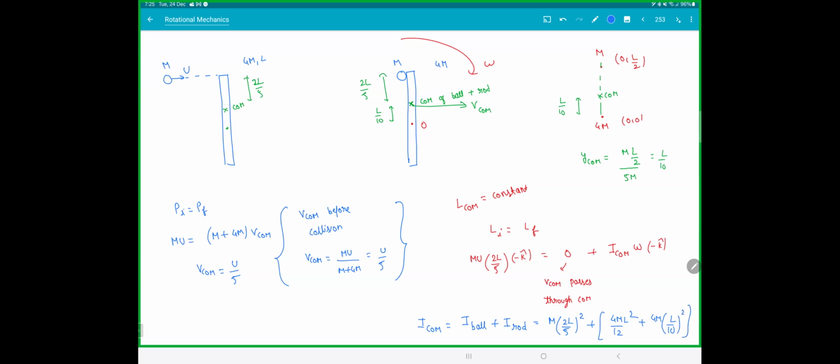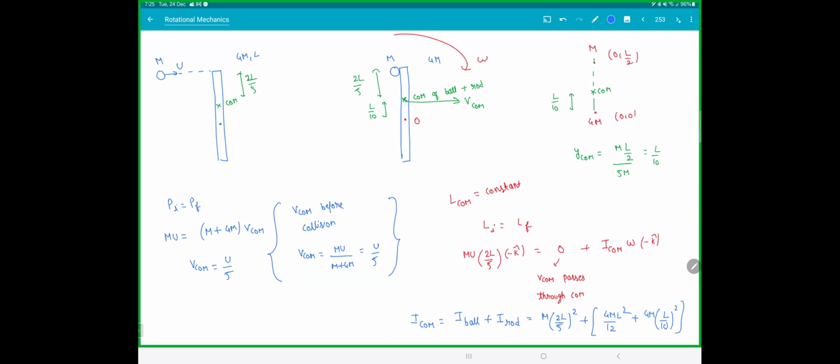You have to take from the center of the rod, no? That would be your I COM. Please check the steps. And once you got this, you will get omega from here. So basically omega will be 2MUL by 5 I center of mass. We can substitute there. I will leave the working to you.